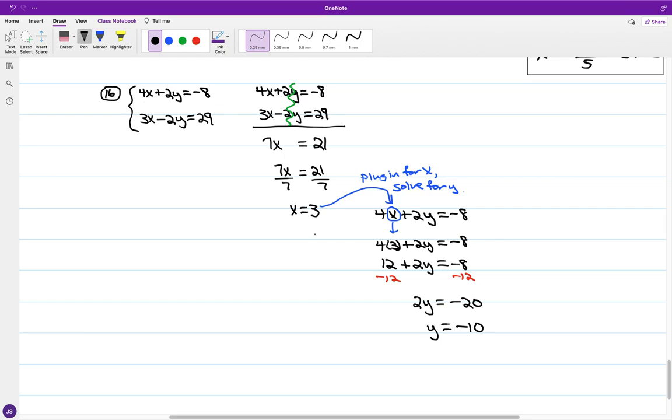And with the second equation, 3 times 3 is 9. Negative 2 times negative 10 is a positive 20. 9 added to positive 20 comes out to 29.